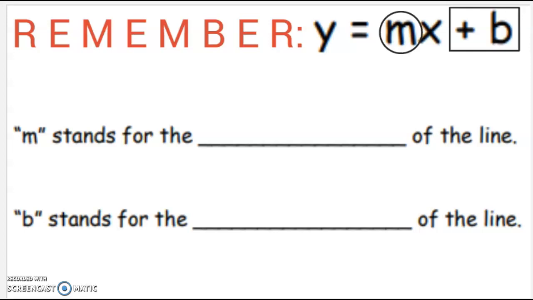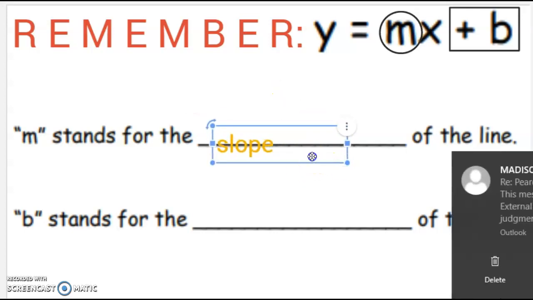So the Jamboard starts off by reminding us that we need the M and the B in order to write equations. Okay, so what we did first was we wrote what M stood for. We remember that M stands for the slope of the line, so go ahead and put slope on yours.